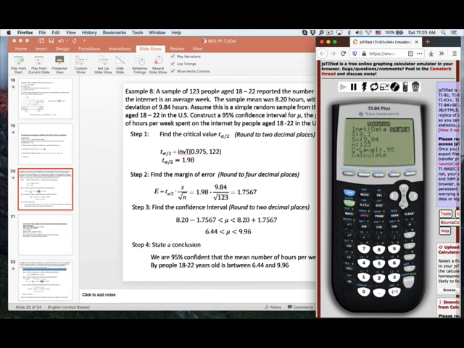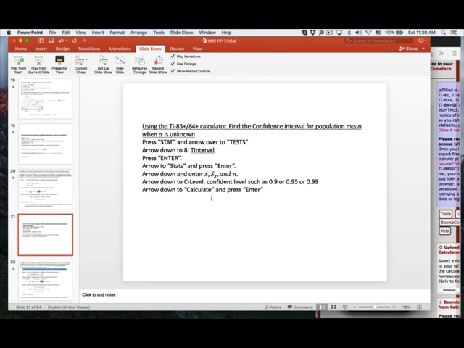Calculate. Okay, enter. So you should get 6.44 and 9.96. You could follow this procedure in your notes.